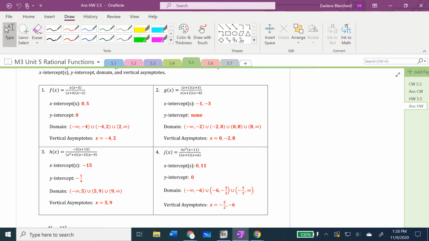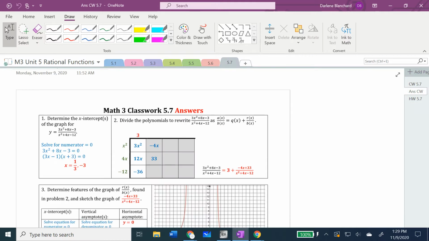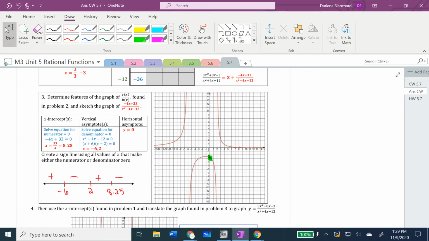And you need to take with you an understanding of the fact that the graph must follow the asymptotes. When you have a horizontal asymptote, you have two ends, a right end and a left end, and it must head toward that asymptote.